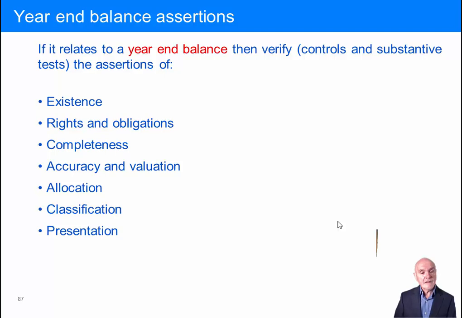When you look at the balance sheet items, the statement of financial position items here, we're looking at year-end balances. So the asset exists, the rights over it, we actually own it, that we have completely included all of the assets, that they're included accurately. For example, you'd expect cash to be absolutely accurate to the last cent.